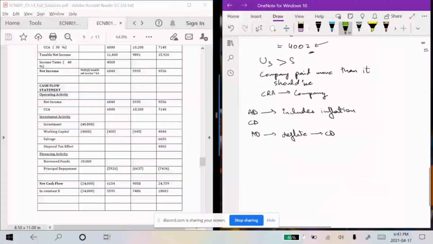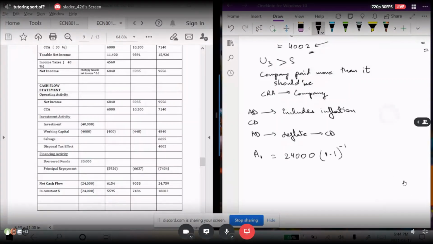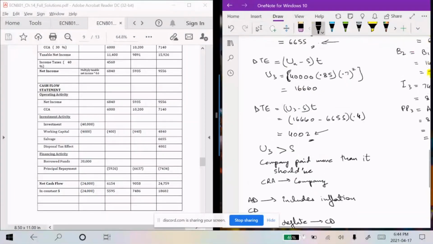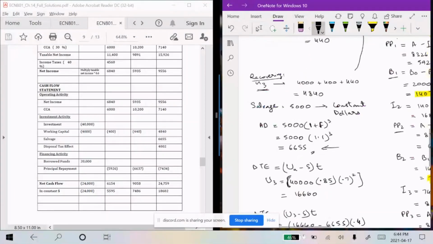Okay. So the first one, A1 equals 24,000 into 1.1 raised to the power minus 1. Oh, okay, never mind. This is in the 0th period. So it's going to be the same thing.